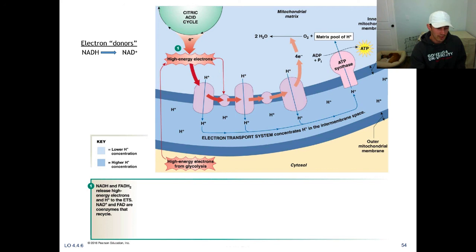In the citric acid cycle, we've made those high energy electron donors. This is where NADH and FADH2 come into play. They have stored electrons, and they give off their electrons. These are the cytochromes I mentioned earlier.